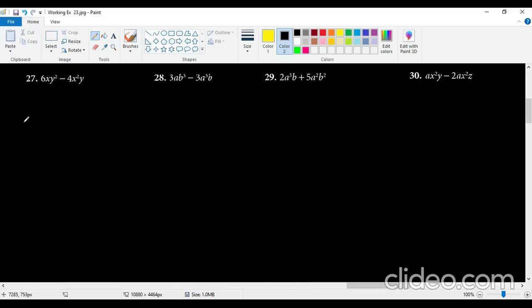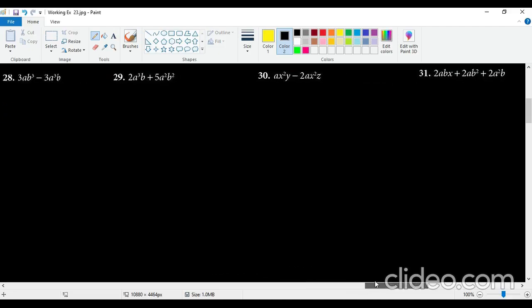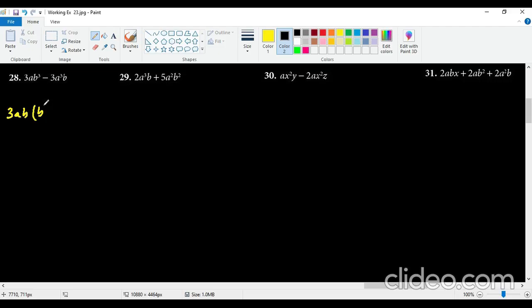In here, 2 and x and y both are common. So the first one will give 3y minus 2x as another factor. Moving on to question number 28. 3ab is common in both of them, and we'll have b square minus a square.